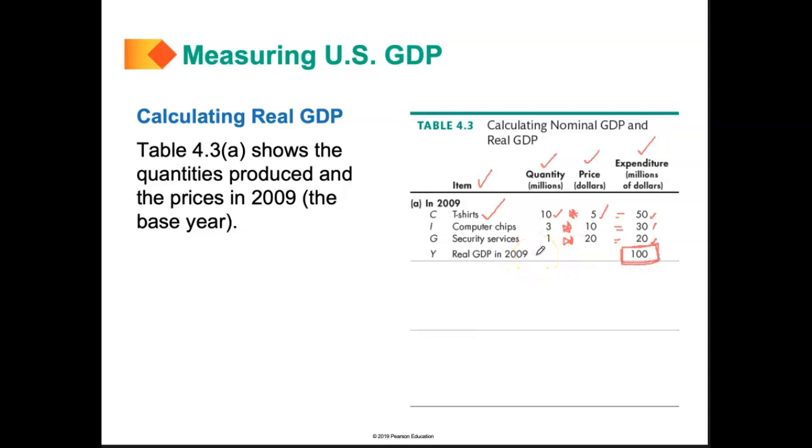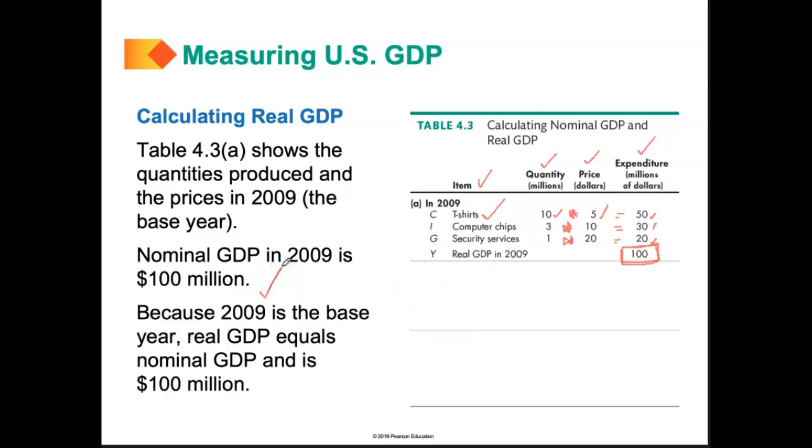So real GDP in 2009 uses the price in 2009. Remember 2009 is the base year, so real GDP is always going to use the price in the base year. Nominal GDP in 2009 is also going to use the prices in 2009, so nominal GDP is also 100 million.